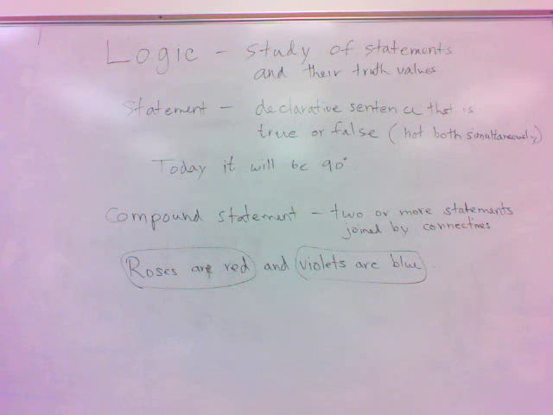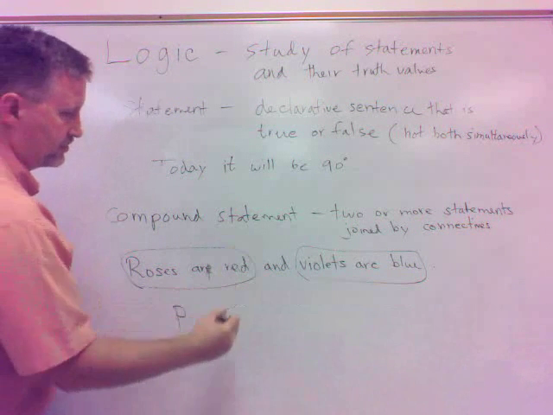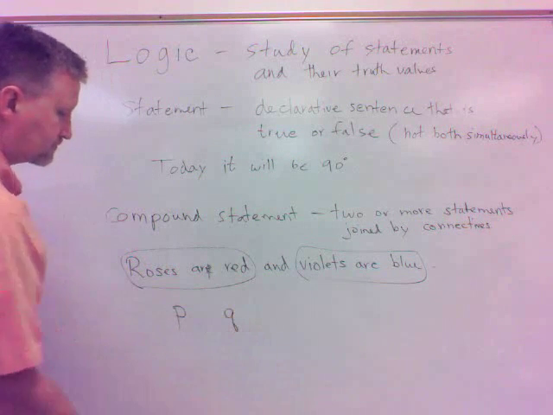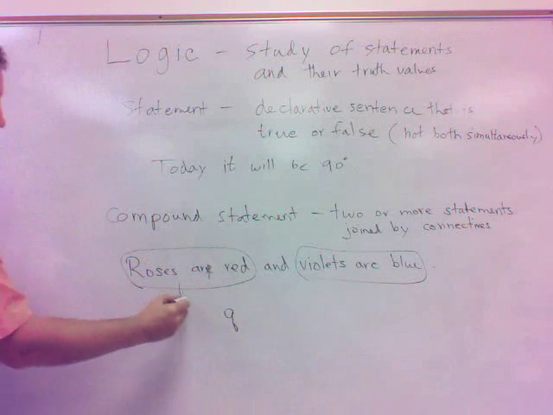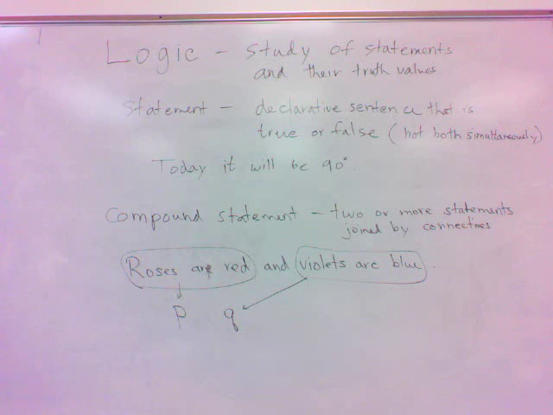Now, a couple of notational things. We've got our statements, but a lot of times we'll denote statements with an abbreviation, using lowercase letters, p's and q's. Let's say our roses are red is the p statement, and the q is the violets are blue statement. So letters representing statements, no big deal there.